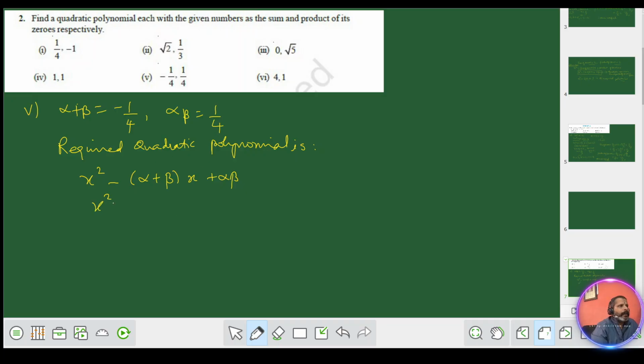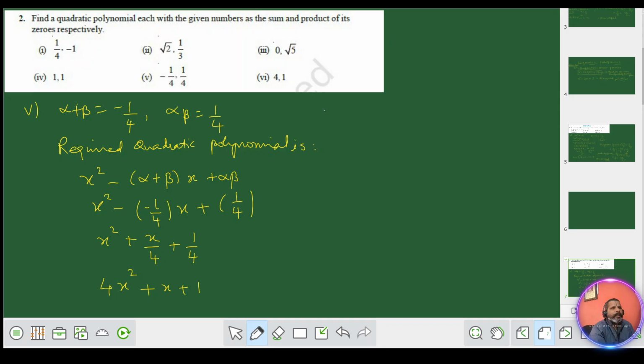Substitute here, x square minus, alpha plus beta is what? Minus 1 by 4. Substitution do properly. Alpha beta is 1 by 4. Now just open the brackets: x square minus into minus plus 1 into x is x by 4 plus 1 by 4. If you take LCM, how does it look like? 4x square plus x plus 1. Okay, this is the expression required.